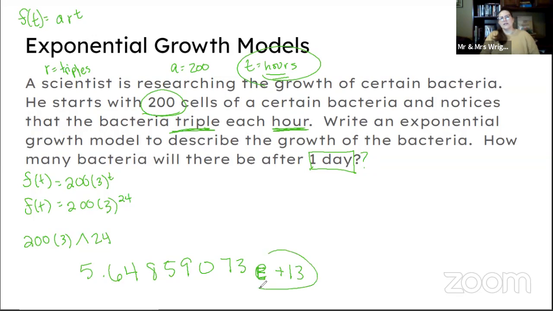What does E plus 13 mean? That means this is in scientific format, so I'm going to have to move my decimal place 13 places. Because of the plus, I know my number is going to get bigger. So I move it 1, 2, 3, 4, 5, 6, 7, 8, 9, 10, 11, 12, 13.